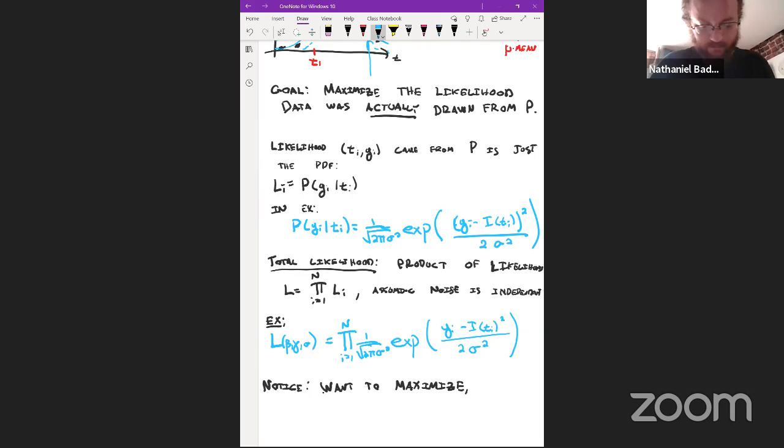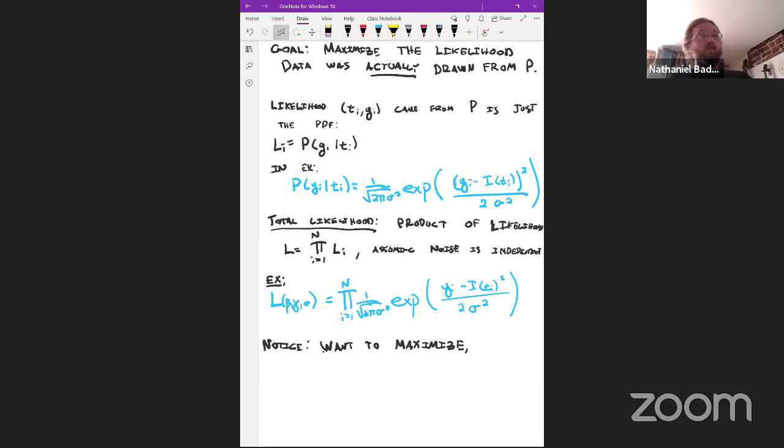So if we want to maximize the likelihood, we can pick sigma just based on finding the standard deviation of the residuals, the terms yi minus I of ti.